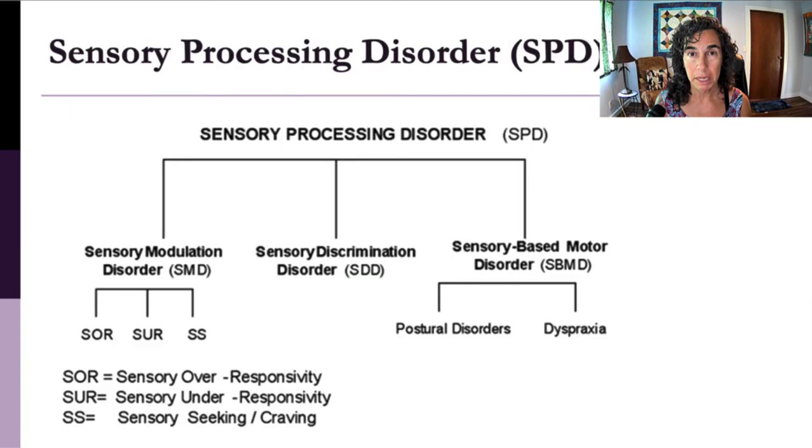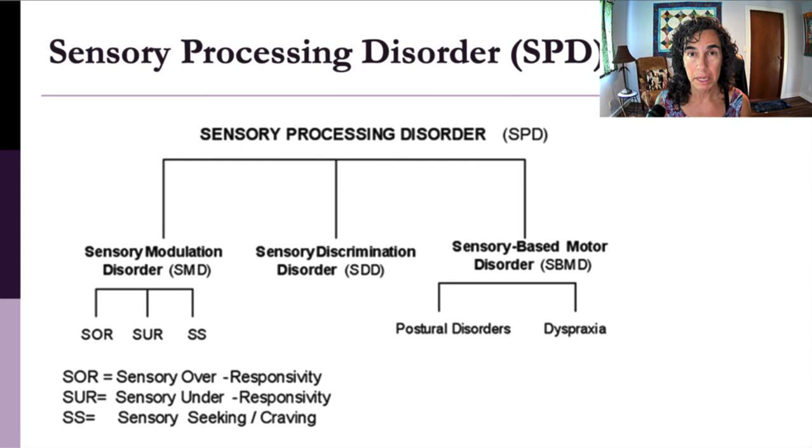A couple other slides. This is a taxonomy proposed by Lucy Jane Miller in 2004, and she looked at sensory processing disorder, or SPD, and she looked at 3 different types: modulation, discrimination, and sensory-based motor disorder. So the modulation is, in fact, that self-regulation piece, right? You either are over-responsive, under-responsive, or you're seeking and craving sensation.